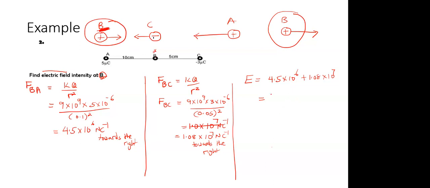So let's check. I'm getting the final answers this. Newton per coulomb. And since it is positive, I will say towards the right. Members, let me know whether it is okay. Members, is that fine?